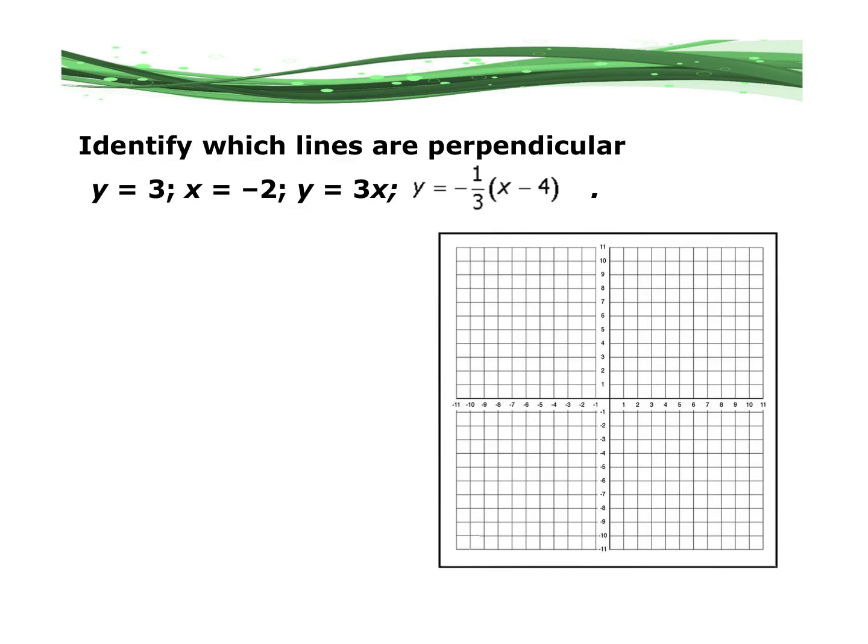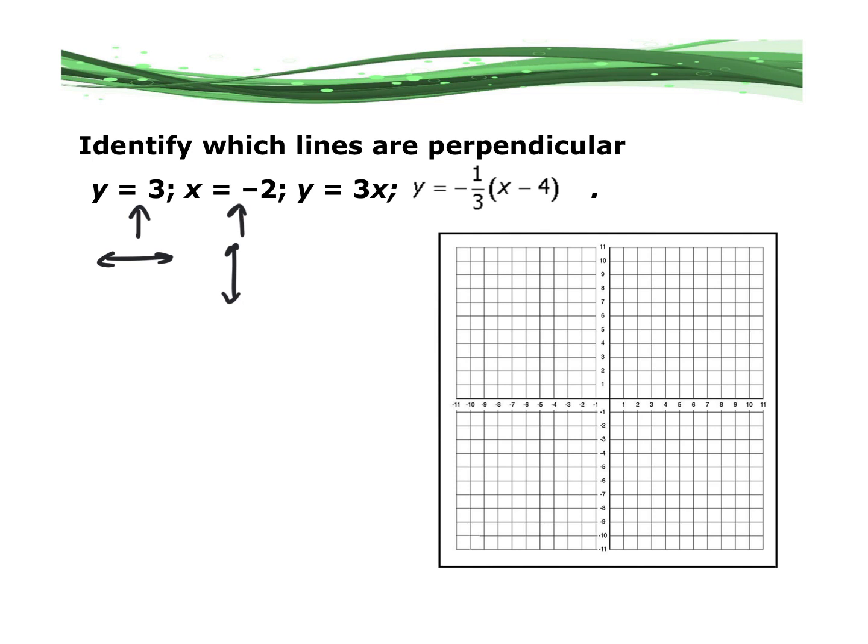All right, so for this example, they want us to identify which lines are perpendicular. Again, we are looking for the slope. Now, when we have y equals a number, remember that is a horizontal line. And when we have x is equal to a number, that's a vertical line. And in the last slide, we learned that vertical and horizontal lines are always perpendicular.